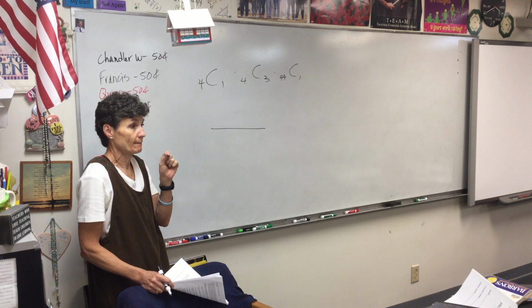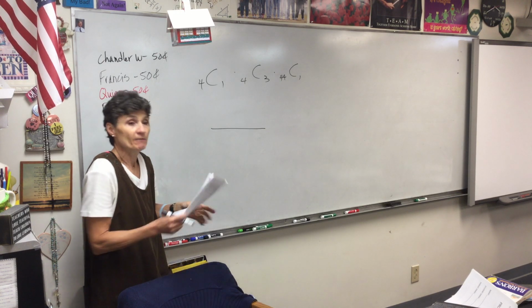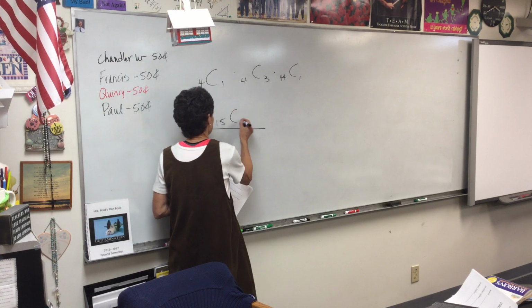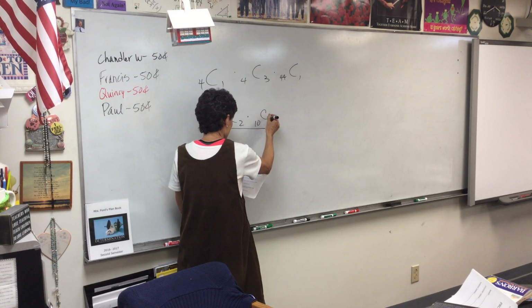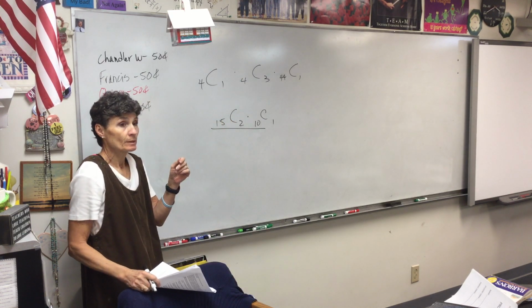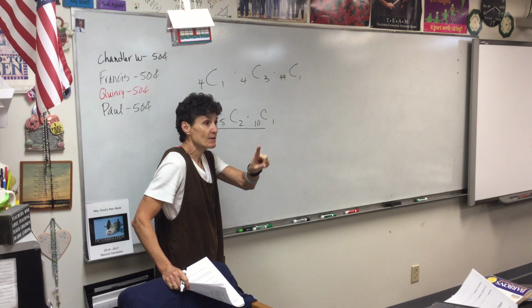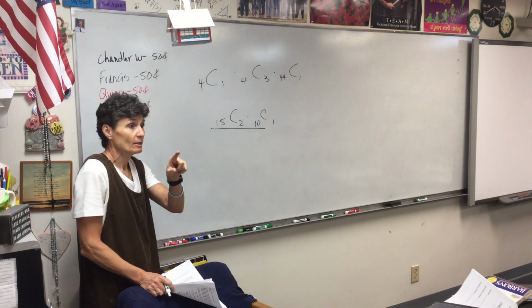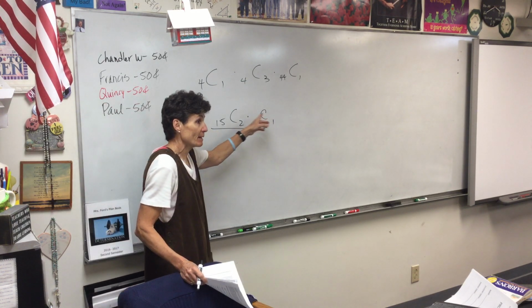What would that look like? I want to get exactly 2 boys out of this group. 15C2 and 10C1. Why? You're choosing 3. And if 2 of them are boys, then the other one has to be a girl, right? Does that make sense to everybody?